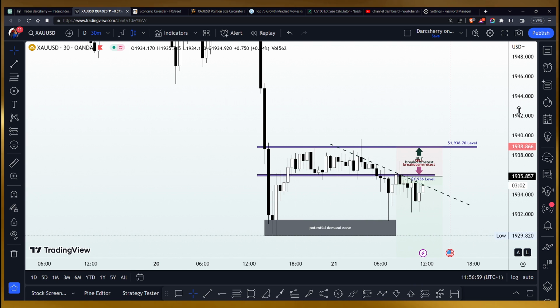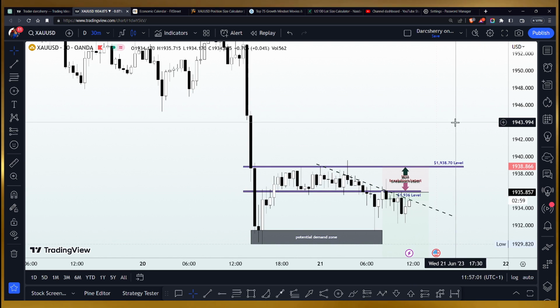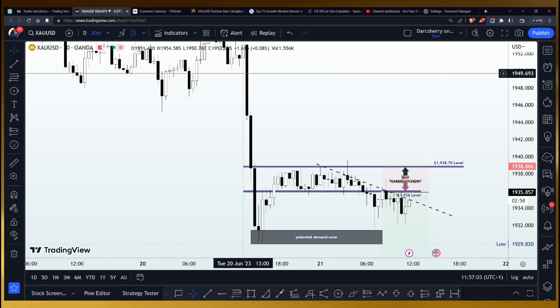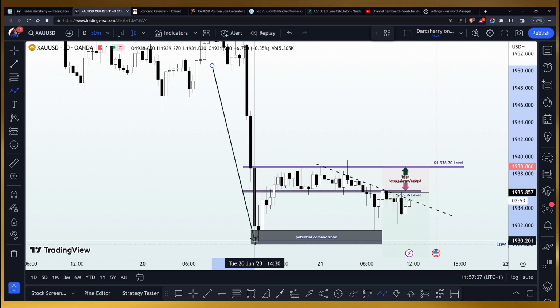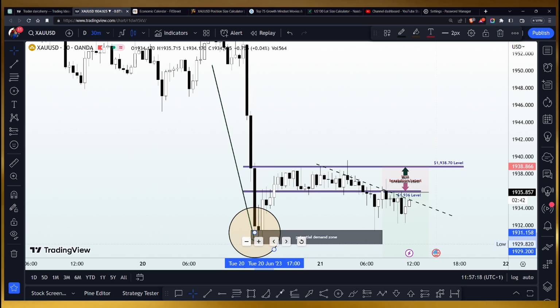Following the impulsive move to the downside yesterday, we saw how price action dropped significantly into this area around the 1930 level, which I shared with you on the higher time frame. So we saw buying pressure resume around that area to negate sellers' attempt to break through that structure.